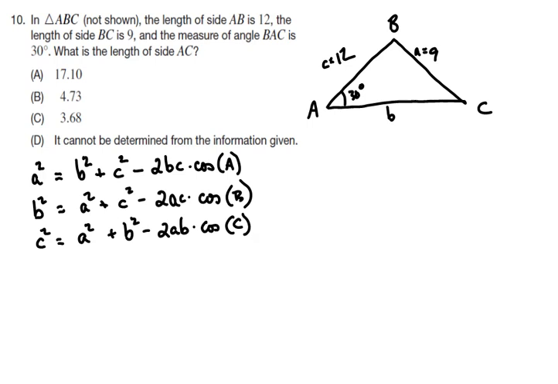The third equation is when we're trying to solve for side C and we know sides A and B. Now one way of looking at this is that the law of cosines is used to solve triangles that are in side-angle-side and side-side-side format. If you notice, we do not have either of those here.